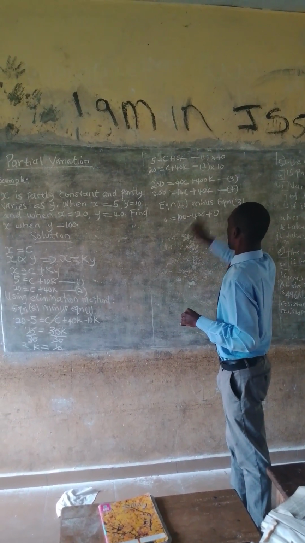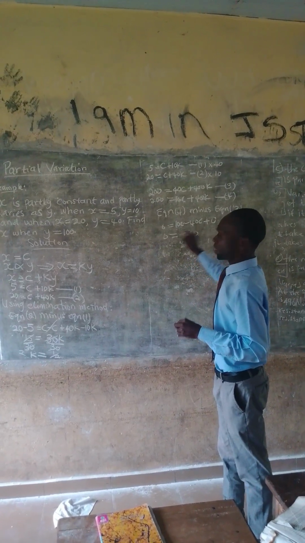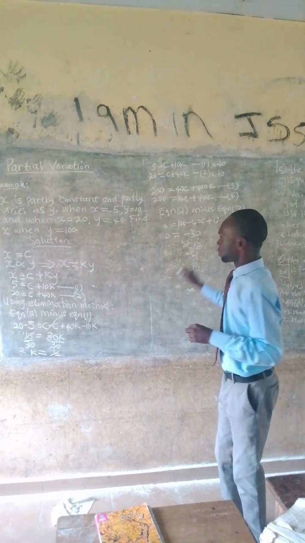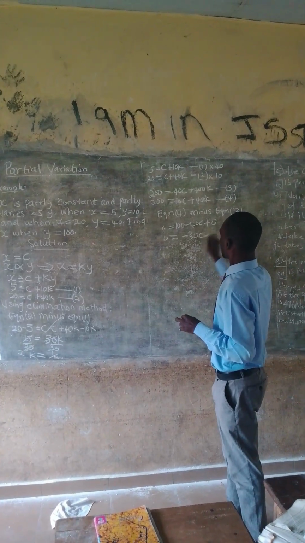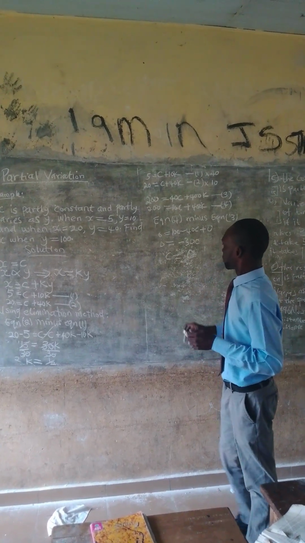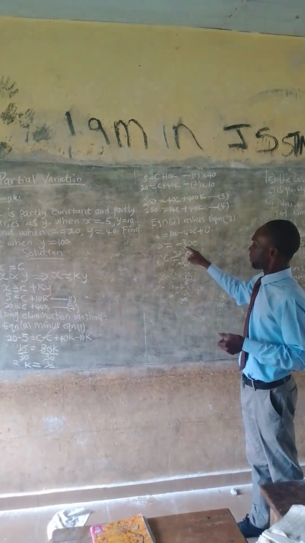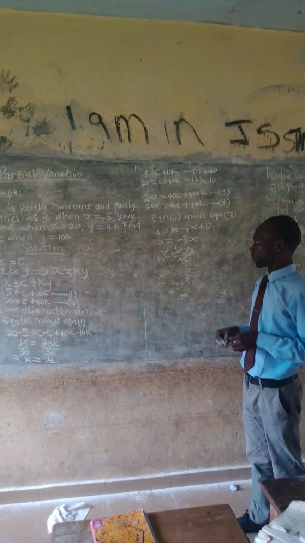This minus this, 0. So we now have 0 equal to minus 30c. So what is c? 0. c is 0. Both sides divided by minus 30 will give us 0.